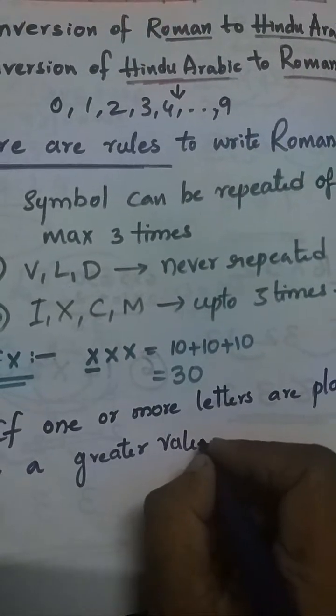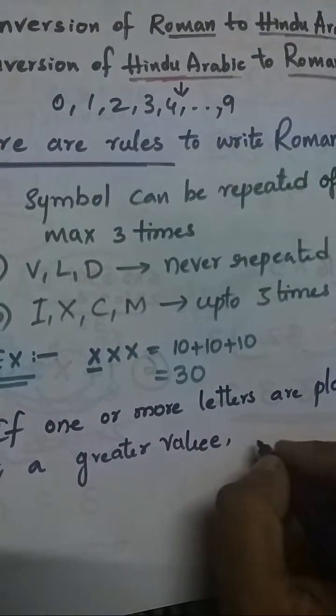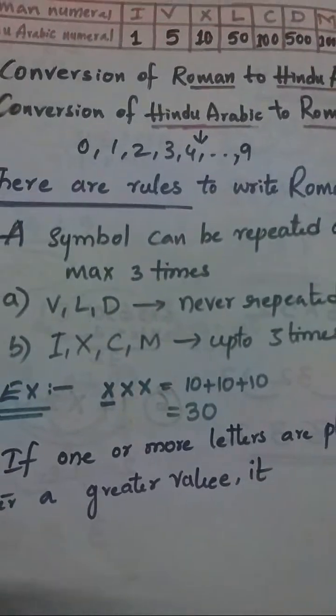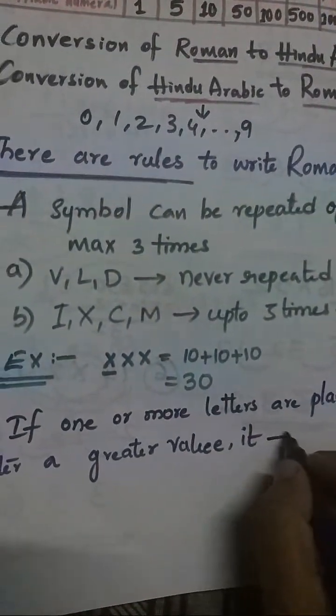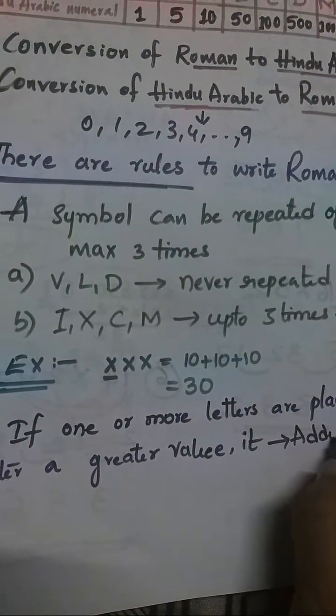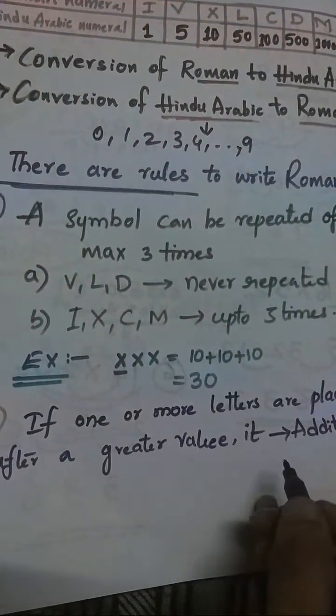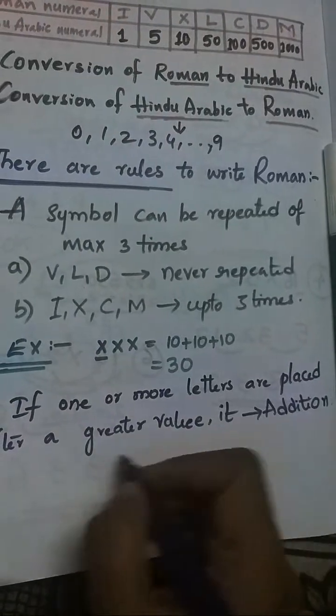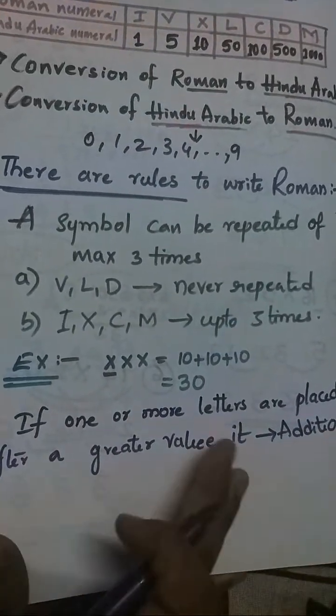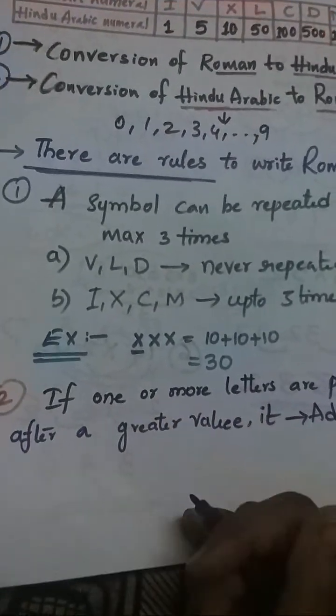First we have a greater value, after that a smaller value, and we have to add them. First we write the greater number, after that the smaller number, then we add the numbers and get the Hindu Arabic numeral.